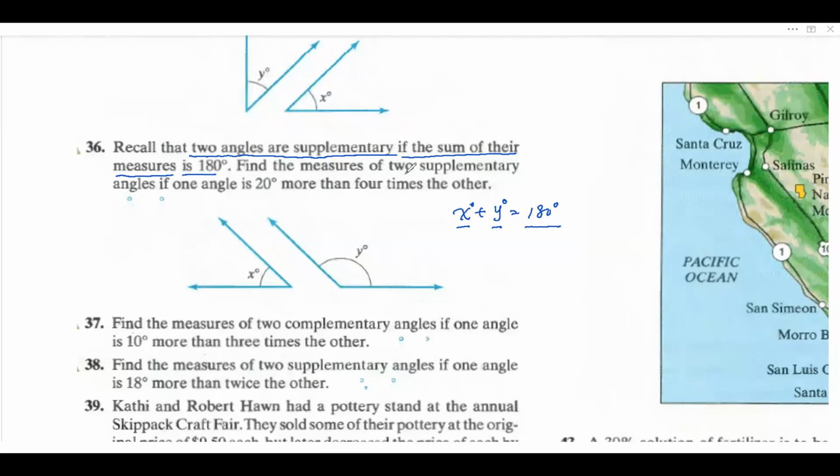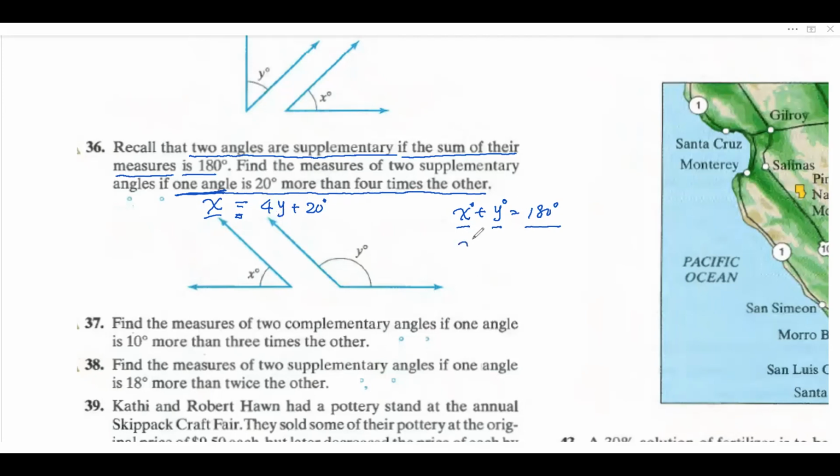Find the measures of the two supplementary angles if one angle is 20 more than 4 times the other. Suppose one angle is x, the other one is y. 20 degrees more than 4 times the other: so 4 times y and then plus 20, right?